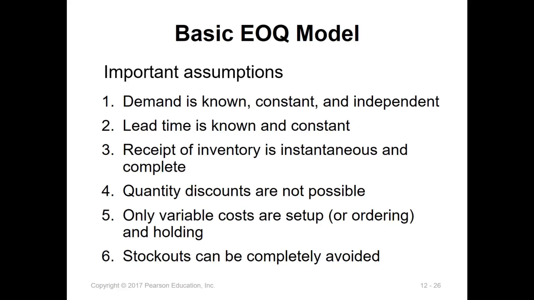This demand is constant and independent, and the lead time is known and constant. Lead time is from the time you place the order until you receive the order. And receipt of the inventory is instantaneous and can complete right away.